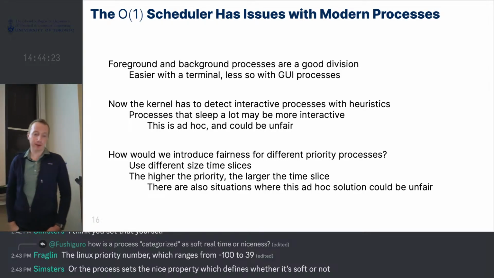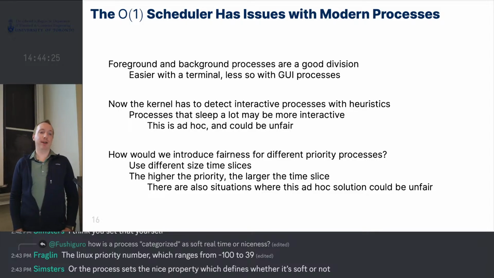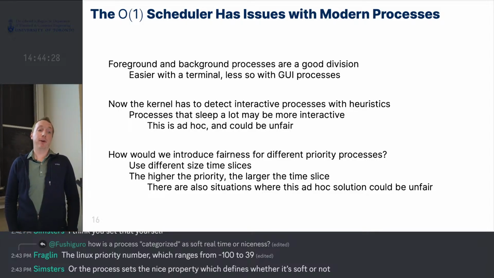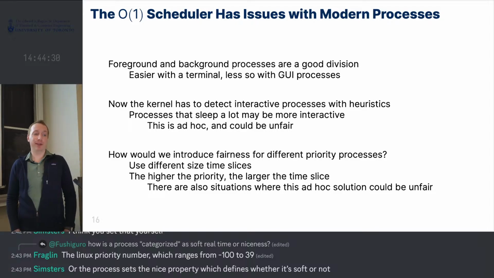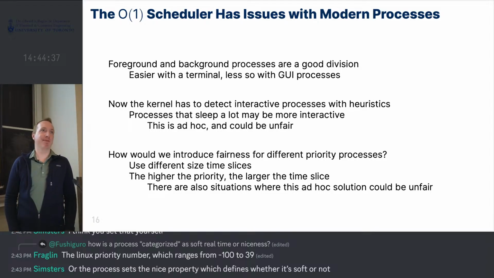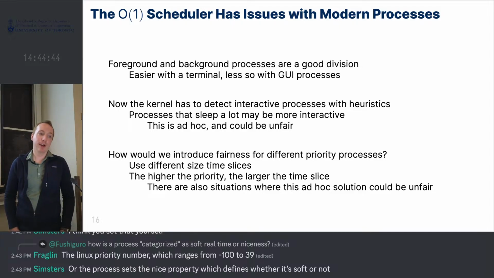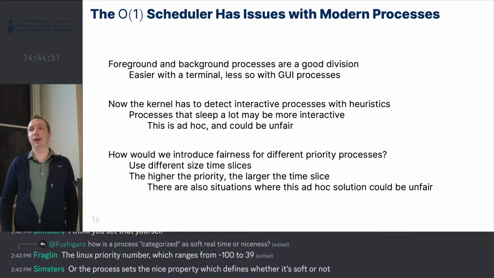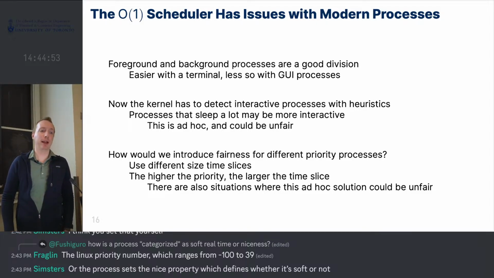So the O(1) scheduler, why did it have some issues with modern processes? Well, foreground and background processes were a good division. It was really easy with the terminal, but with GUI processes it's not always evident what is a foreground process and what is a background process. The kernel could try to detect them with heuristics. So typically, if it sleeps more, if it's waiting on I/O, if it's waiting on your mouse or something like that, that could mean that you're interacting with it.